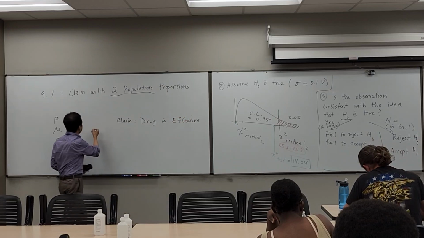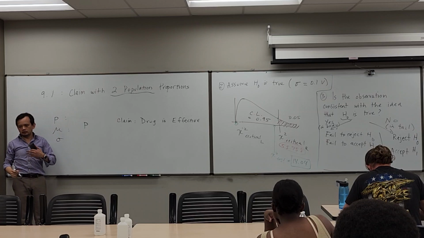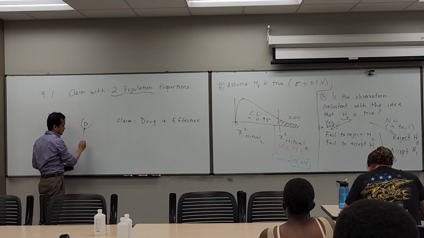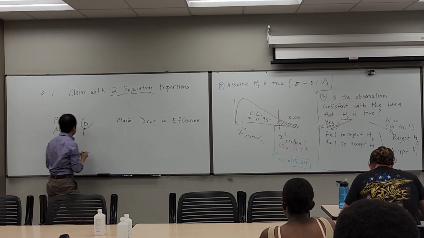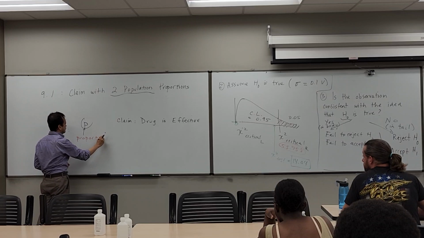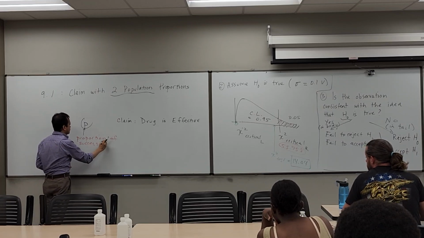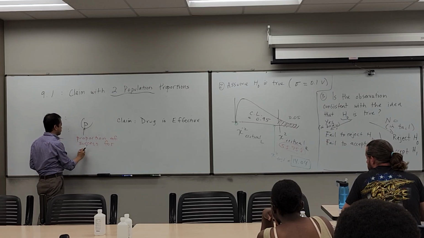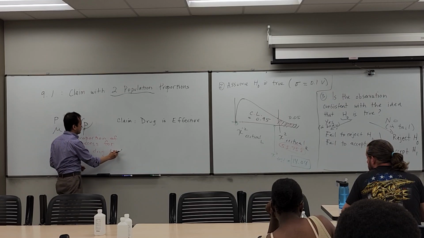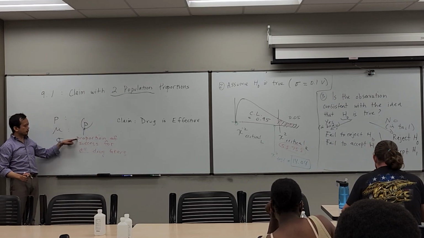And let's say P is the proportion of success for everybody who takes the drug. So every single person who takes the drug, you want to know what's the proportion of success.